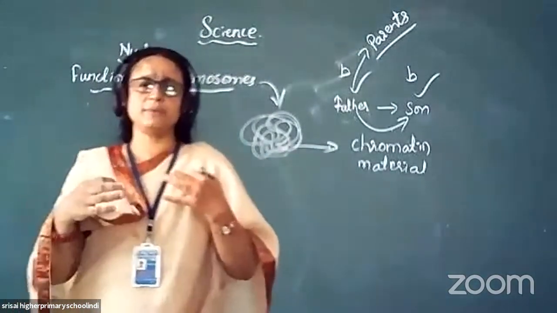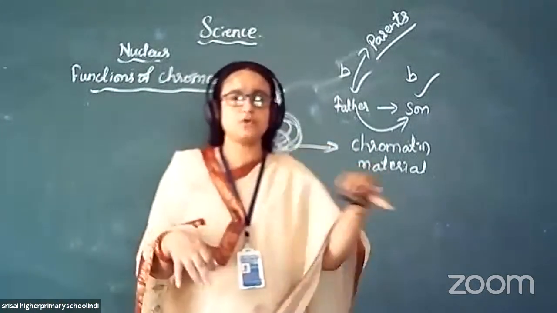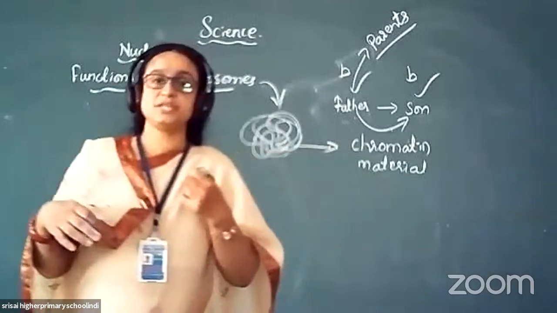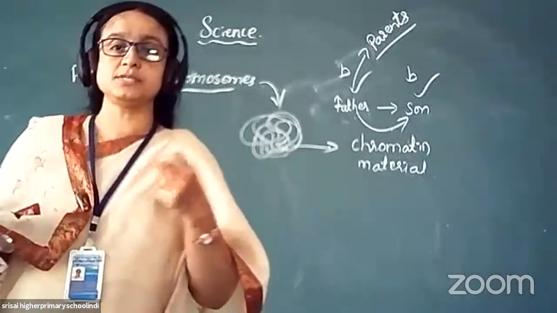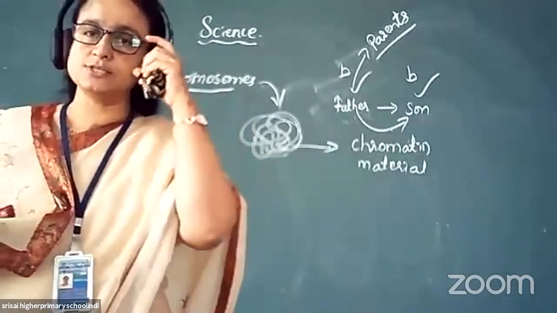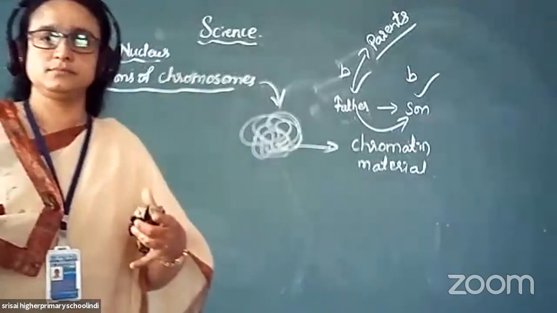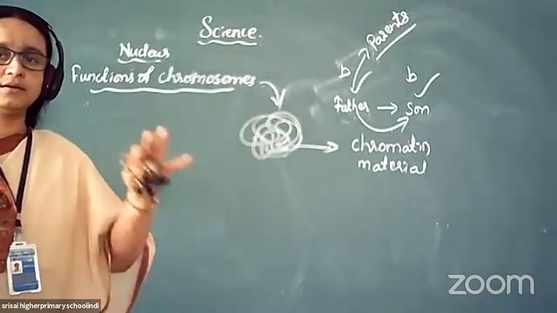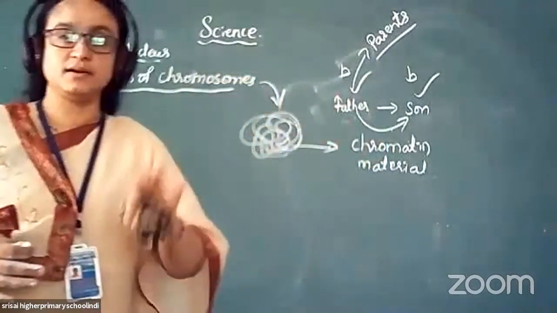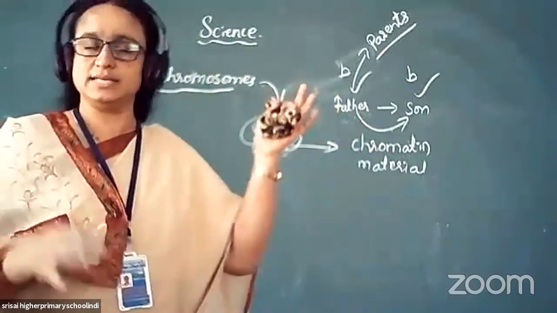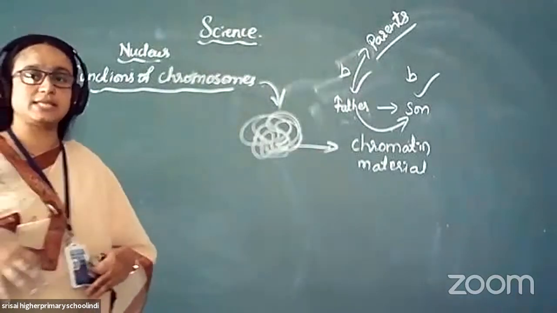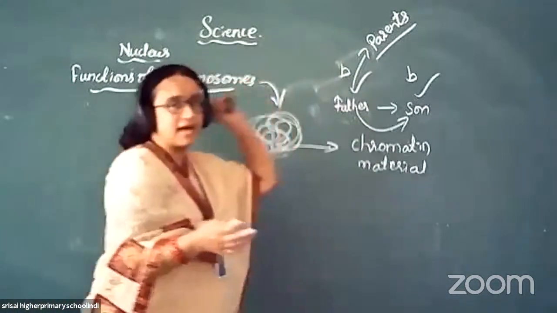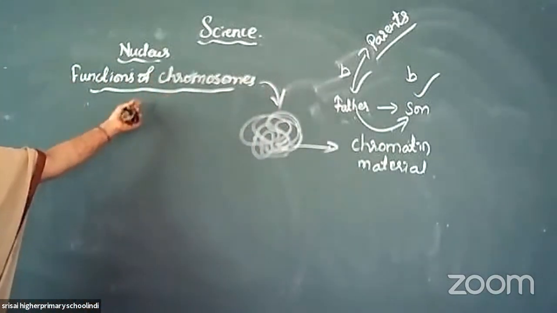And how will it be highlighted that the information has been transported? Just by judging the features. You can see the shape of the eyes, nose, lips, everything. You can compare the children with the father or the mother. So whatever features the children get from their parents, that is due to the chromosome.